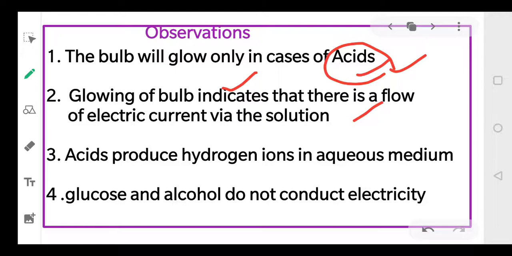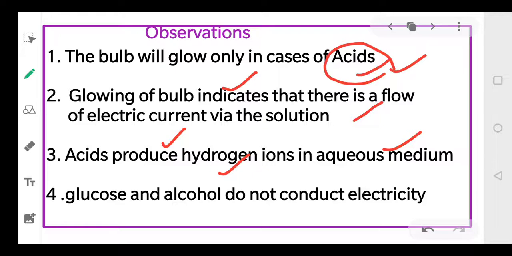Now, why is it happening? Why is the current flowing? Because the acids produce H+ ions in aqueous medium. Because acids produce hydrogen ions in the aqueous medium. If you remember, in the very beginning we defined acids. What are acids? Those which produce H+ ions. So our acids produce hydrogen ions in aqueous solution.